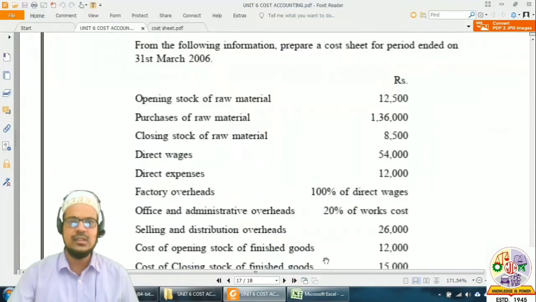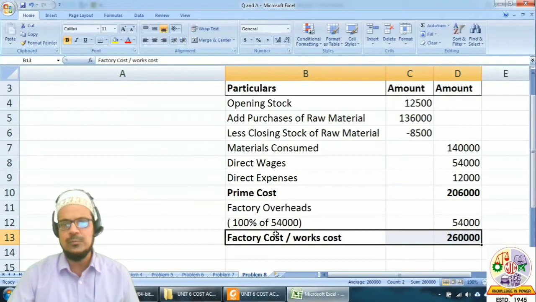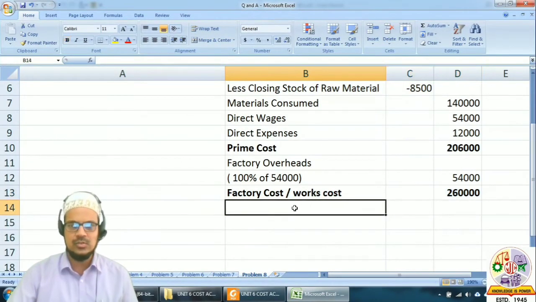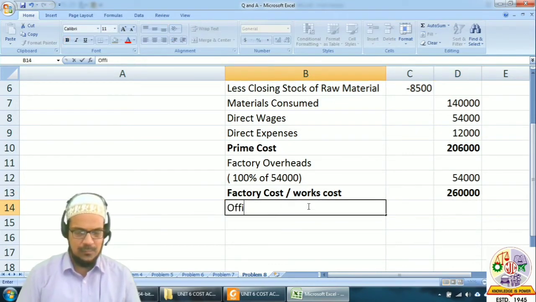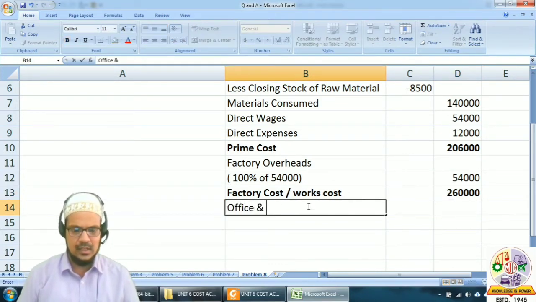Now next entry which we will be taking into consideration is the office and administration overheads. Okay, office and administration overheads are 20% of factory cost or works cost. So 20% of 2,60,000. Office and admin overheads.